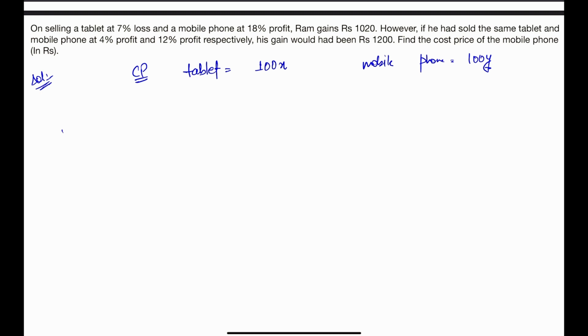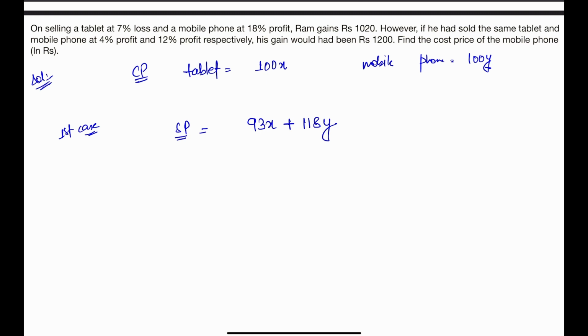So in first case it is said that my selling price will be how much? 7% loss, so 93x plus my selling price at 18% profit, 118y.